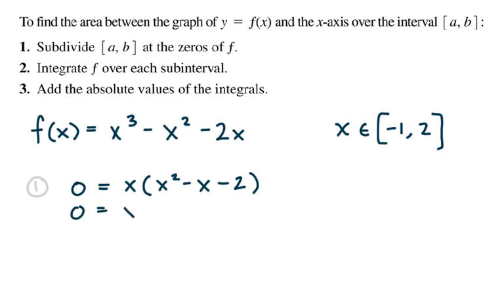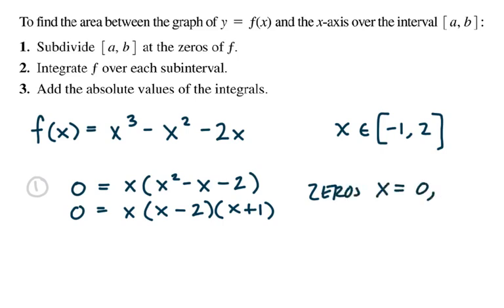The quadratic factor can still factor a little further. We've got x minus 2, x plus 1. So the zeros for my function are going to be at x equals 0, -1, and positive 2.